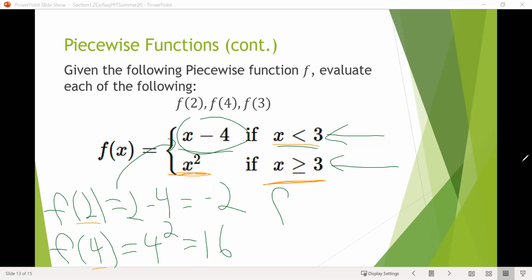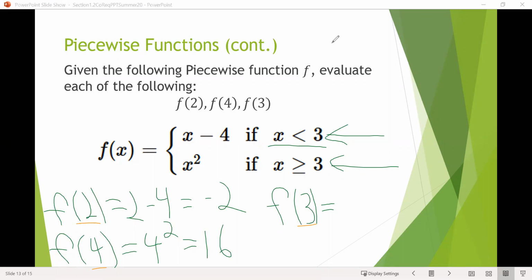All right, what about f of 3 then? Well, again, looking at the way the domains for each piece are described. So for the first part, it says we use that formula x minus 4 if x is less than 3. Here, our input value is 3. Is that less than 3? No, it's not.